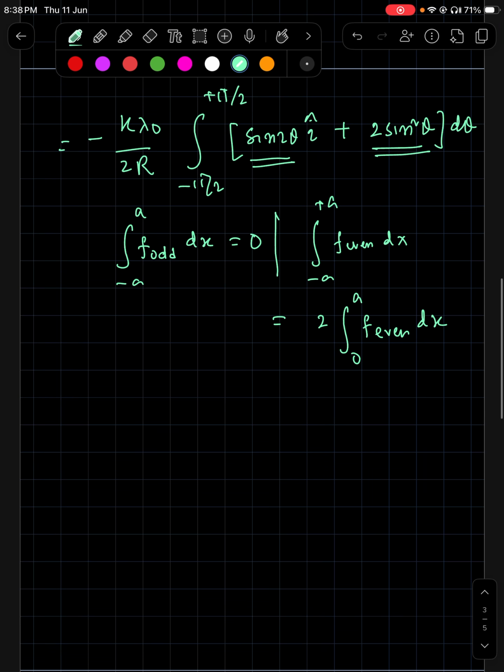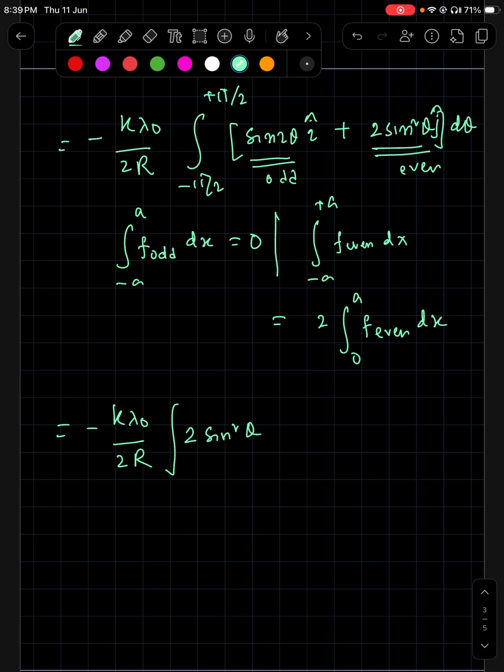So now it becomes minus k lambda naught. The first is the odd function and this is the even function. For the first odd function, the integration becomes zero, so we are not bothering about it. We are bothering about the second function, that is 2 sin square theta.